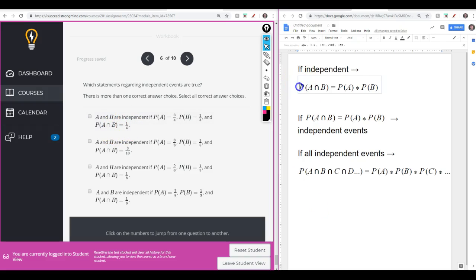So we're going to check to see if the probability of A and B is 1/4. Does 1/4 equal the probability of A, 3/4, times the probability of B, 1/3?